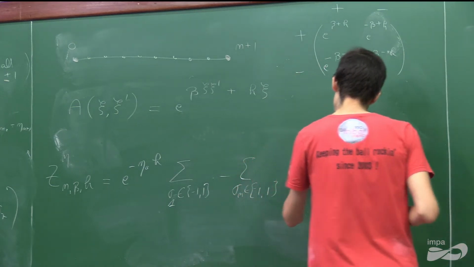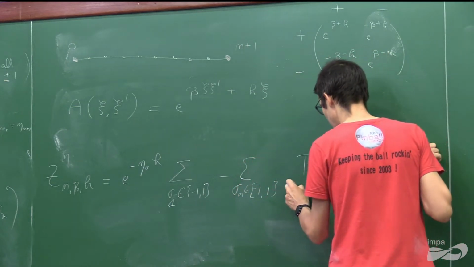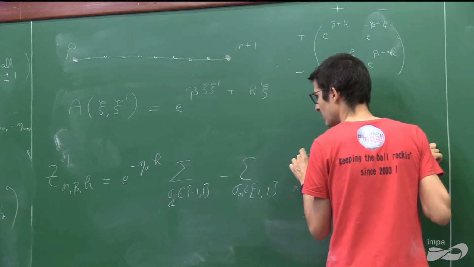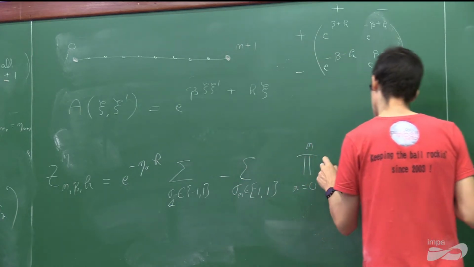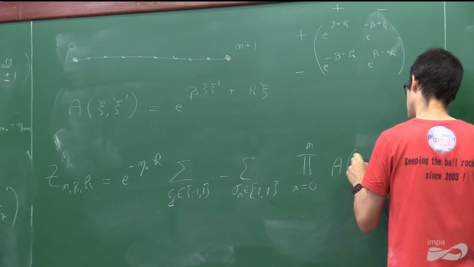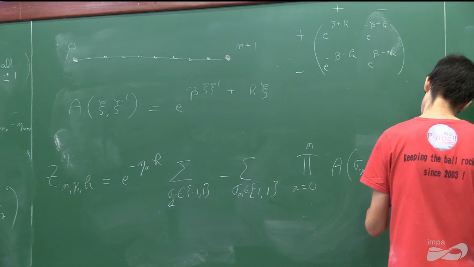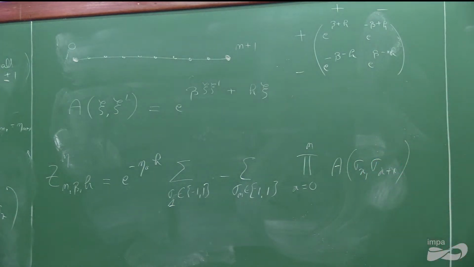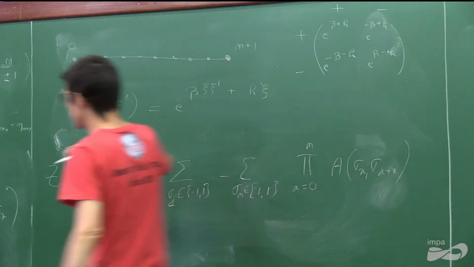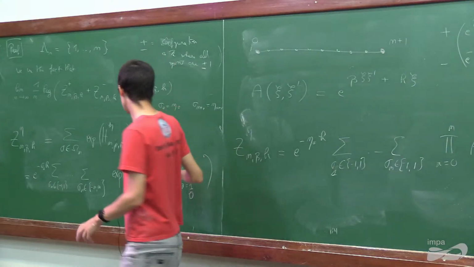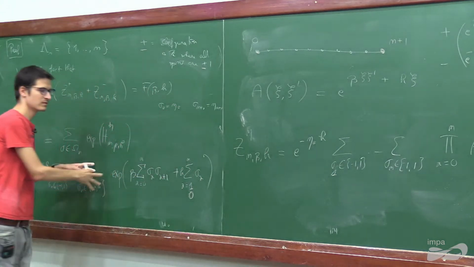And then I have the product from x equal 0 to n of A sigma x, sigma x plus 1. Okay, so this definition does not come out of nowhere. It's just the expression that I have here. I've just taken the sum out to make it a product.